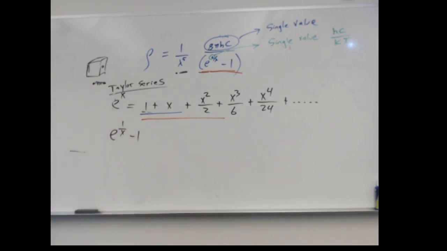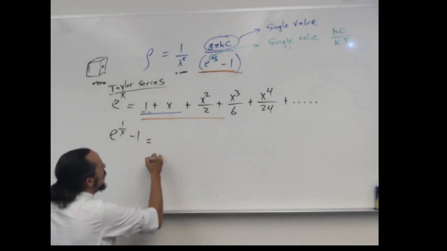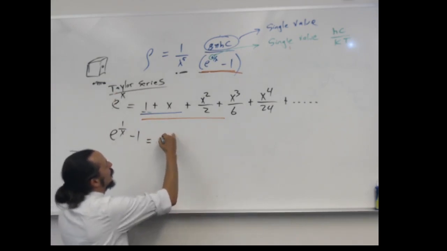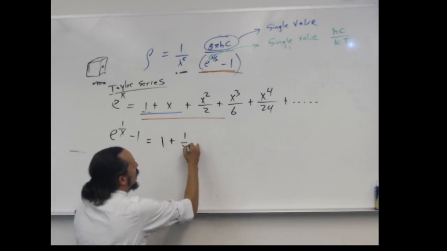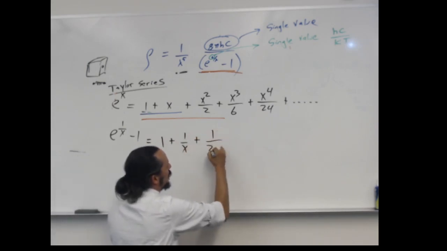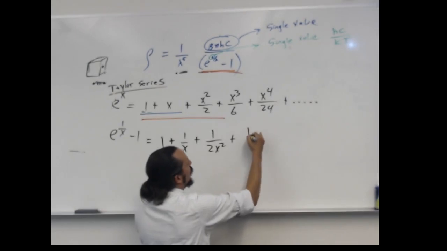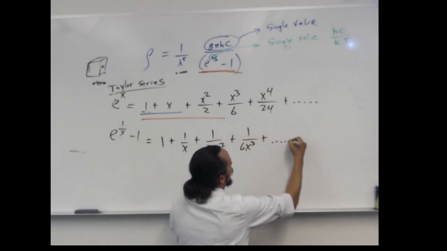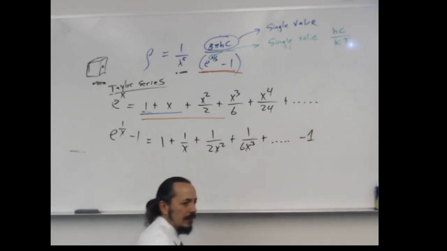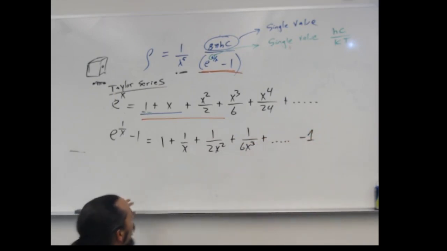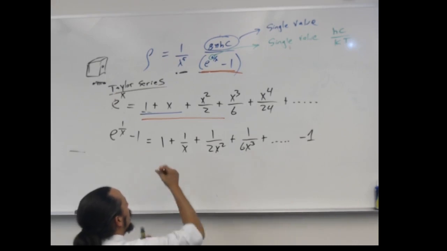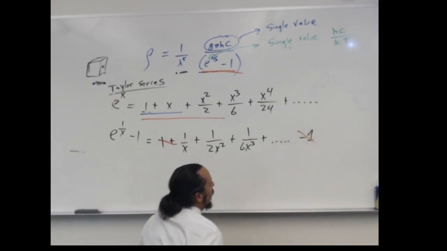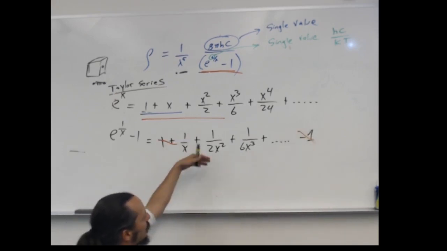If we do a Taylor series expansion of e to the 1 over x minus 1, we get 1 plus 1 over x plus 1 over 2x squared plus 1 over 6x cubed, plus so on and so forth, minus 1. The minus 1 just cancels out the leading 1, so we just have 1 over x plus 1 over 2x squared plus.